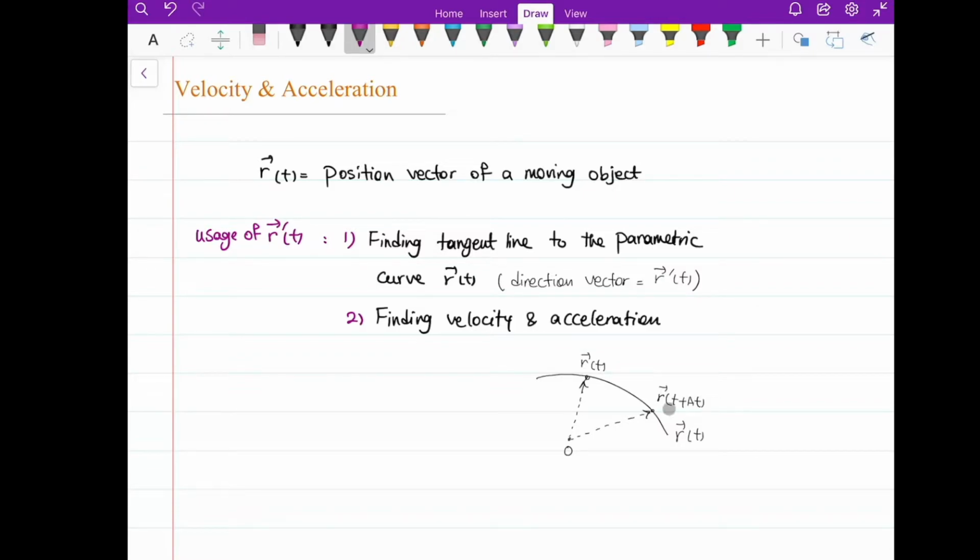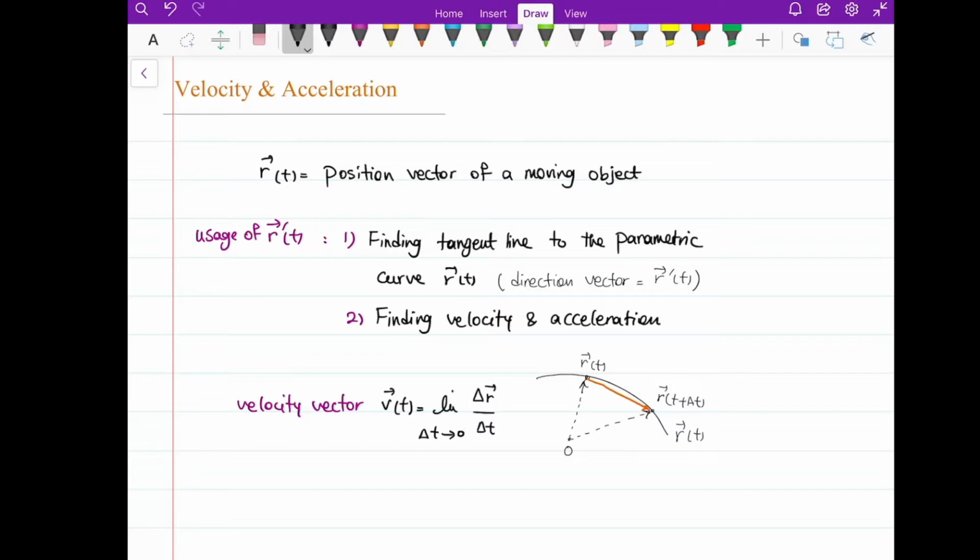So r of t plus delta t minus r of t, which would be this vector in here, divided by delta t, would be the velocity as delta t goes to 0. So the velocity vector v of t is delta r over delta t, and we take the limit of that as delta t goes to 0.